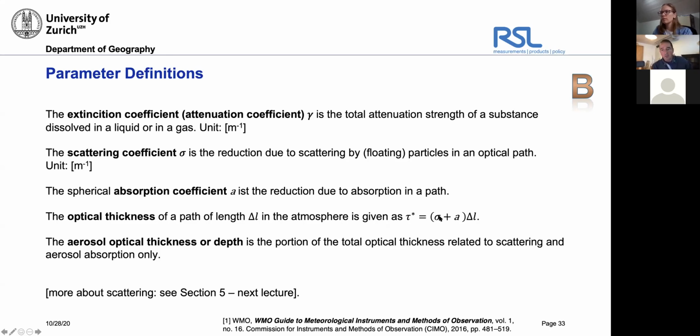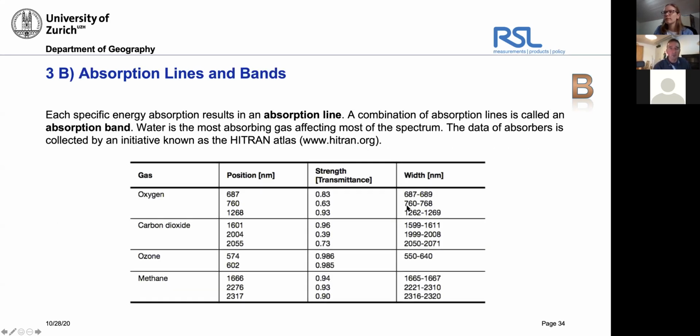The optical thickness is just the addition of the two times delta L. So the gamma is the addition of the two. Optical thickness or optical depth are often used synonymously. Scientifically, some people may make a difference, but it's not consistent. It's just this tau asterisk. So much for the definitions.